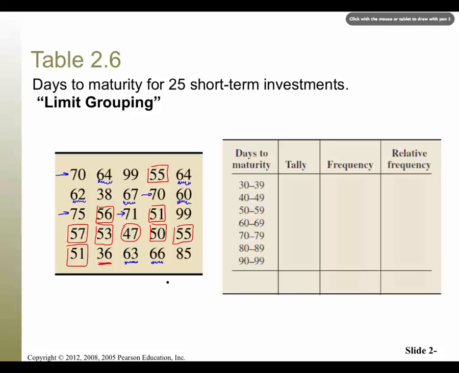Okay, 30 to 39, I see 1. Is that right? Just 2? 40 to 49, I had 1. Eight, I had for 50 to 59.